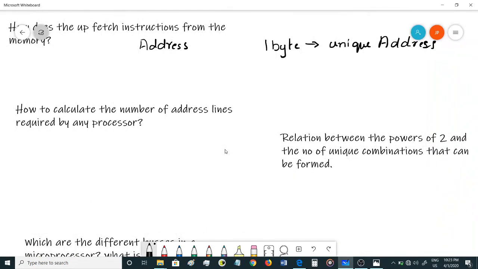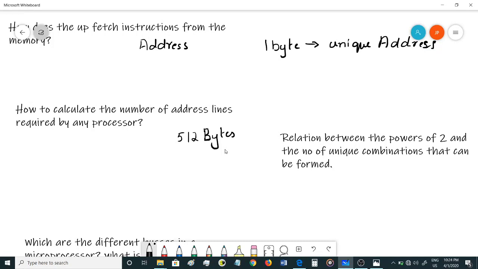Let's say it can connect up to a maximum of only 512 bytes. Today in your mobiles, your memory can be expanded up to 128 gigabytes, or you can extend up to 256 gigabytes. All these things you might hear. It's very similar to that.